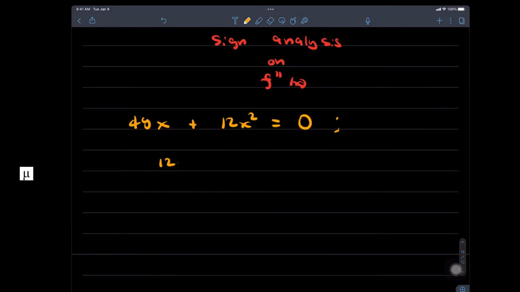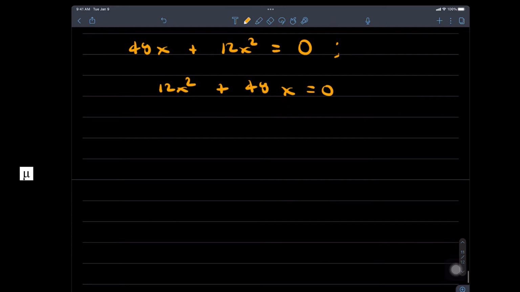Okay, so you really have 12x squared plus 48x equals 0. What do you do here with this? You're going to have to solve this quadratic. So how do you solve a quadratic? This goes back to beginning algebra: you solve it by factoring. You factor out the greatest common factor, and then you're left with the quotient here.